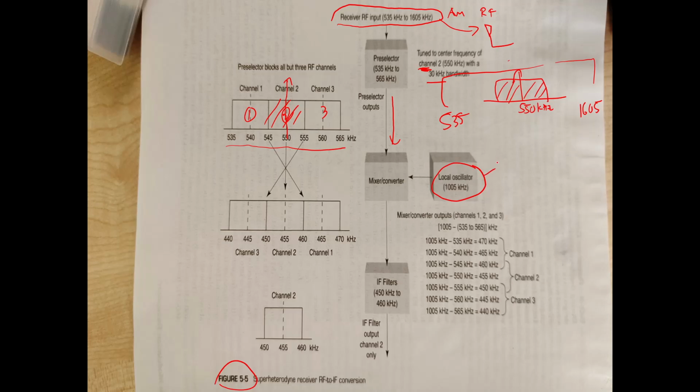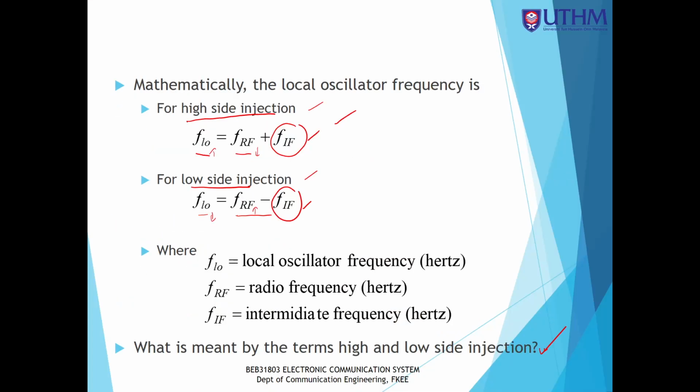So this is actually high side injection, because the frequency is larger than the RF frequencies. The RF frequency is between 535 until 565, the RF frequency that has been selected by the pre-selector. If this is a high side injection, that means we can use this equation.